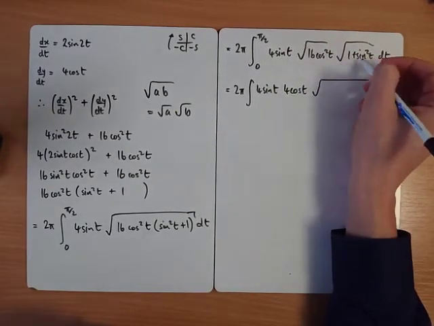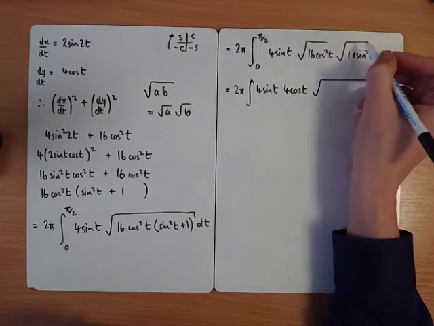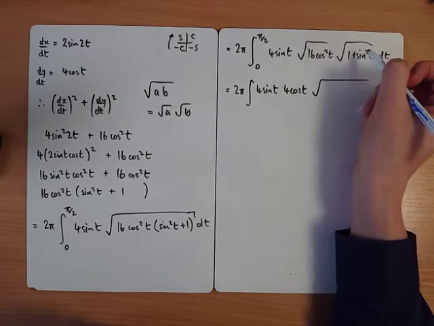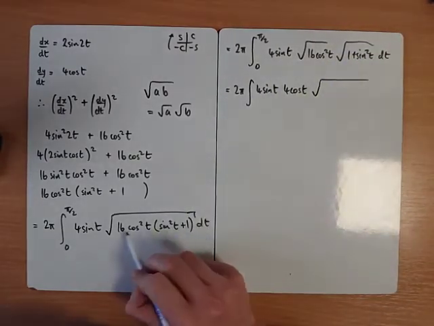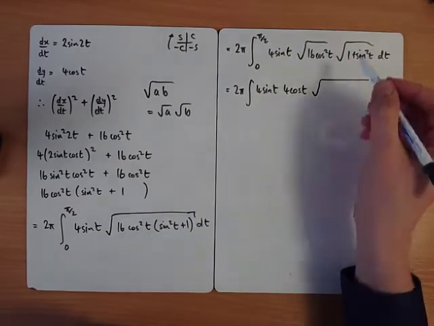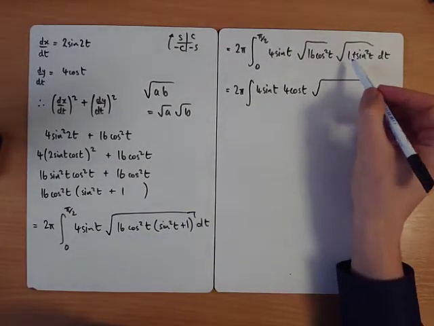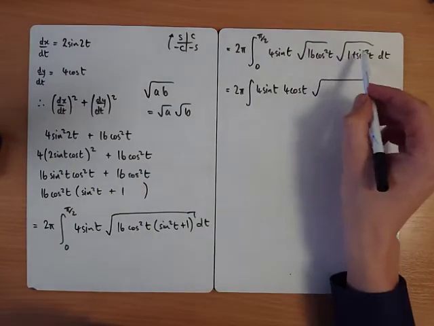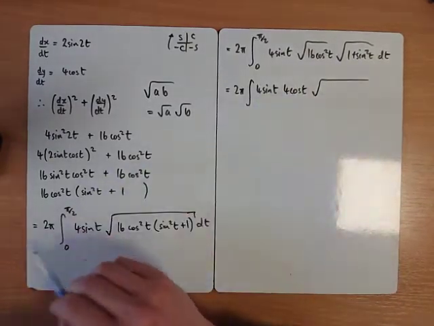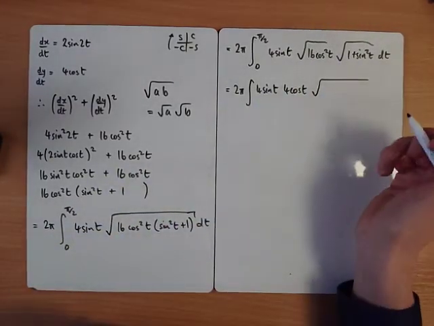I'm noticing that we can potentially use an identity here. Well, actually, can we? 1 plus sine squared, we'll have to think about that one in a second. That might be a little bit awkward. But I'm looking at the answer, I need to leave that there, don't I?